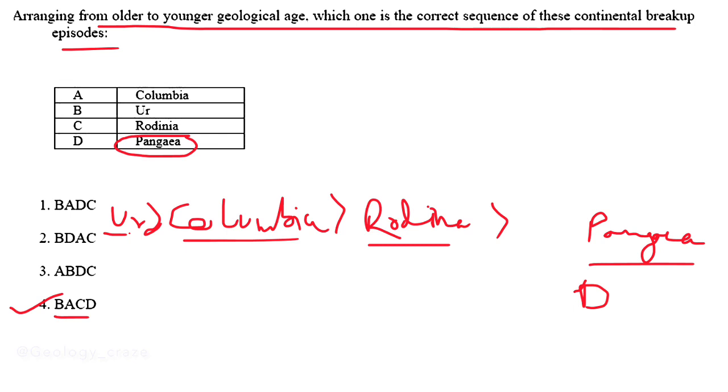Not with respect to how the continents are touching, but with respect to mineralogical point of view, deposits and other things. What happens during Pangea breakup? Was there any deposition in terms of sedimentary, igneous or metamorphic, or during Rodinia or Columbia? So that you can picturize the things in sequence.